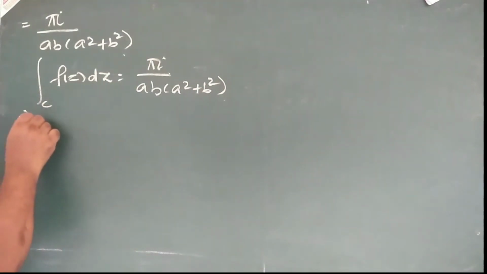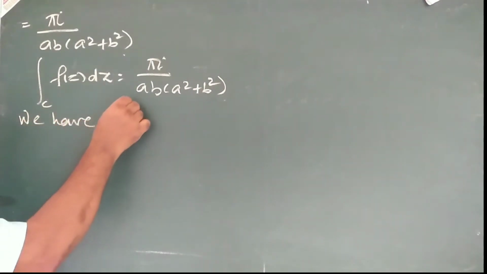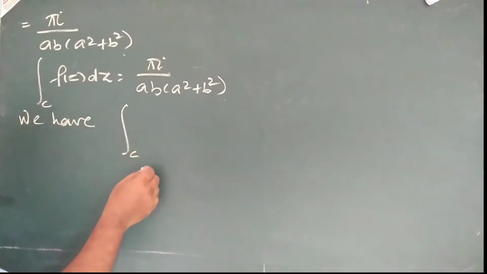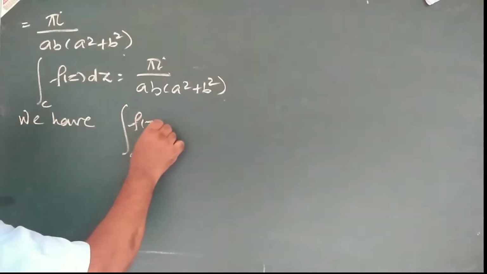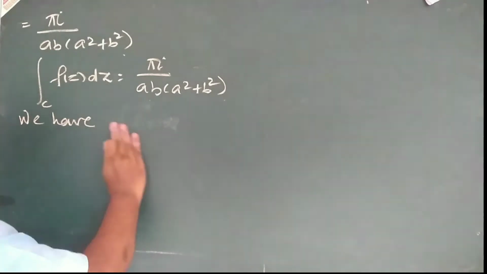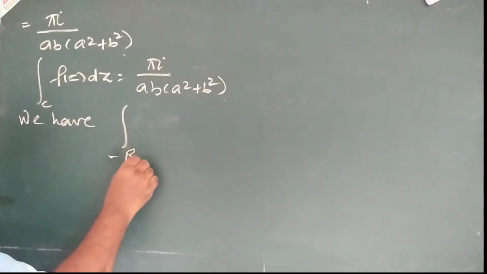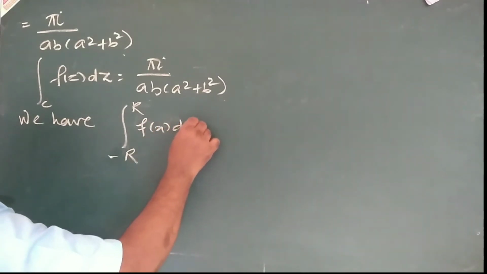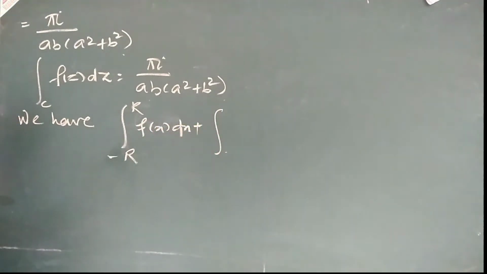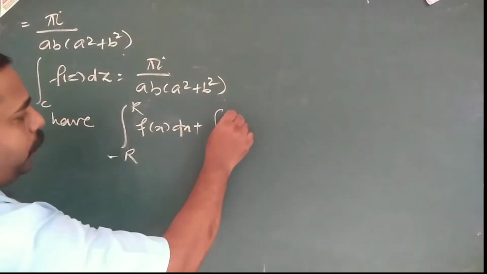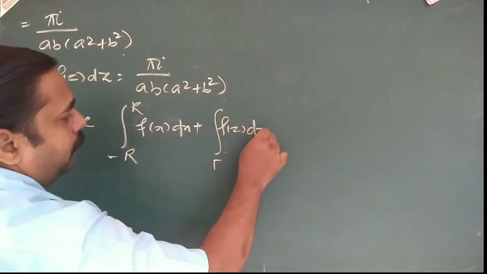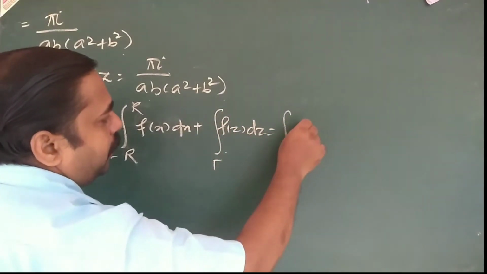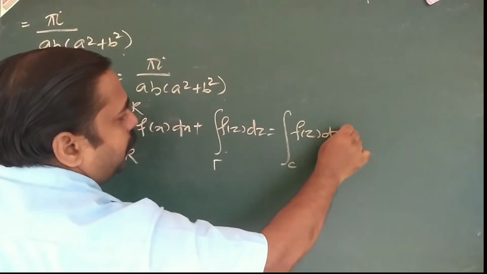What is the formula? We have integral over C f of z, or we can write this as integral from minus r to r f of x dx plus integral over the contour f of z dz is equal to integral over C f of z dz.